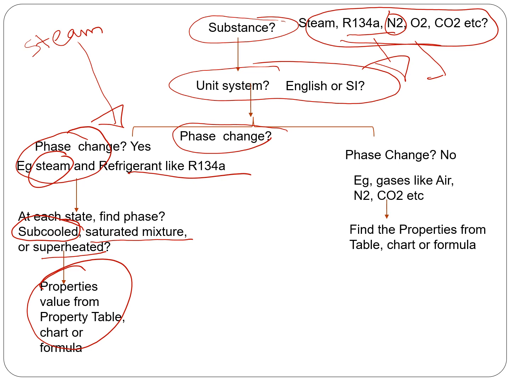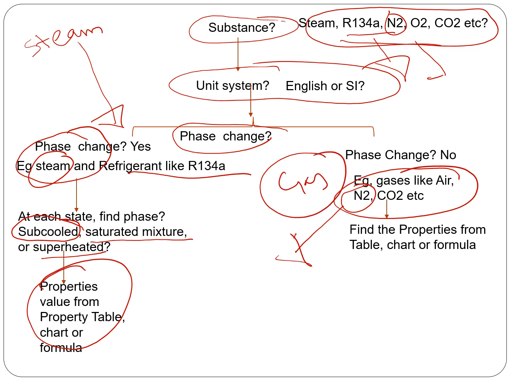In some cases, for instance nitrogen, I don't think we talk about phase change, right? Carbon dioxide, it's always gas, right? In thermodynamics, we most of the time deal with air, nitrogen, carbon dioxide, which just exist in one phase, which is gas.